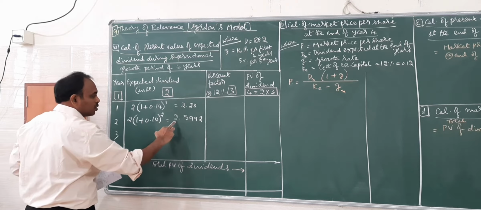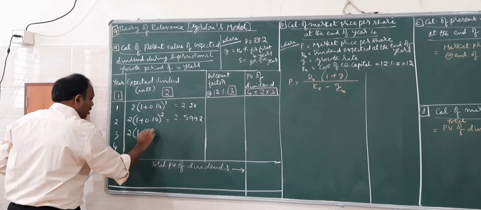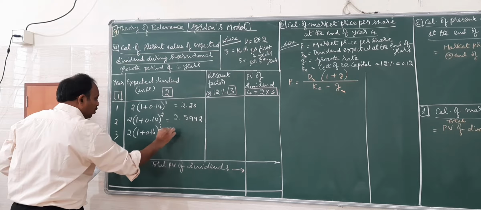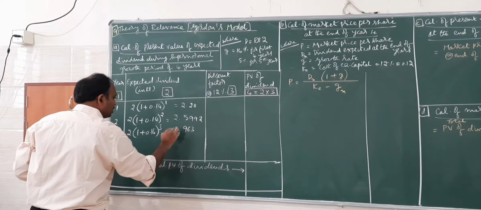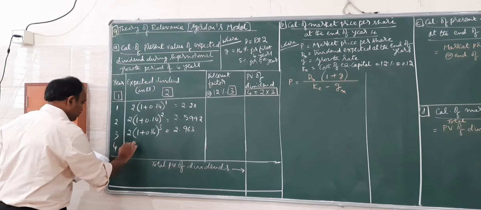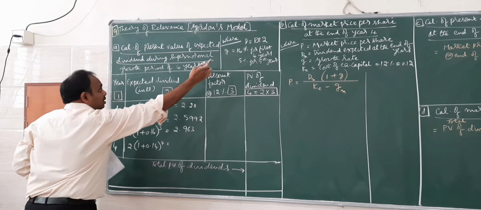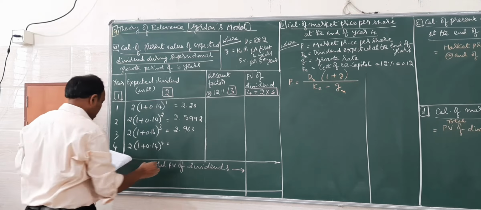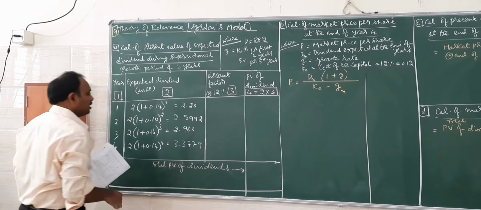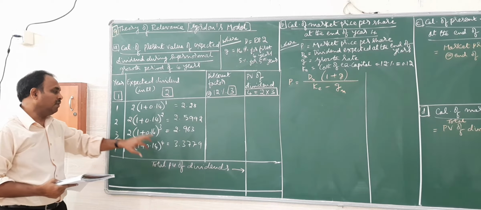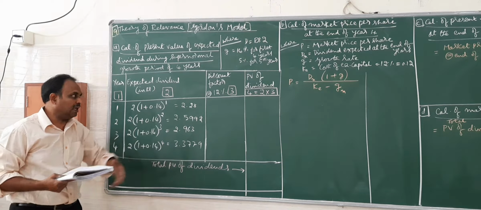At the end of 2 years, it is going to be ₹2.59 or ₹2.60. The dividend is again expected to grow 14%. Simplify, 2.963, almost ₹3 at the end of 3 years. Again going to grow at the same rate, 14%. I'm taking the same one here, ₹3.37 or 38 approximately. So today's ₹2 will become a dividend of ₹3.37 or 38 at the end of 4 years.